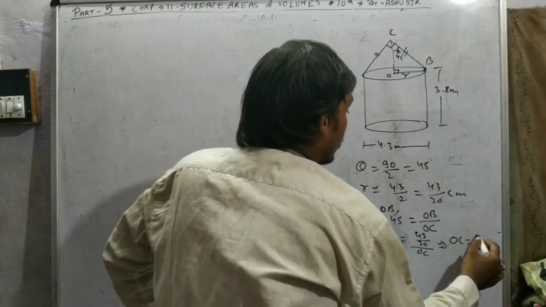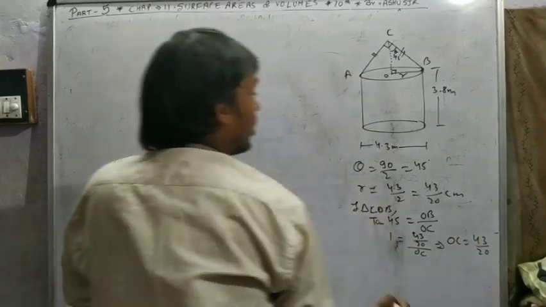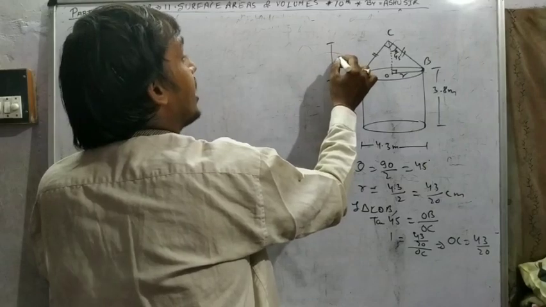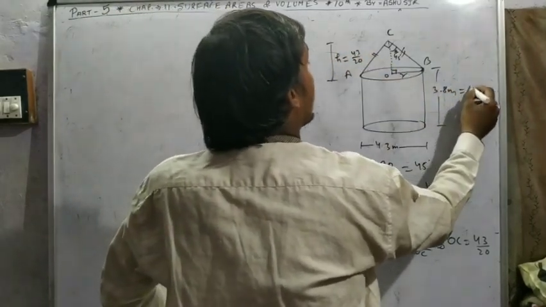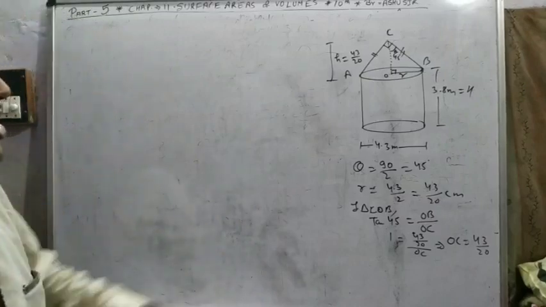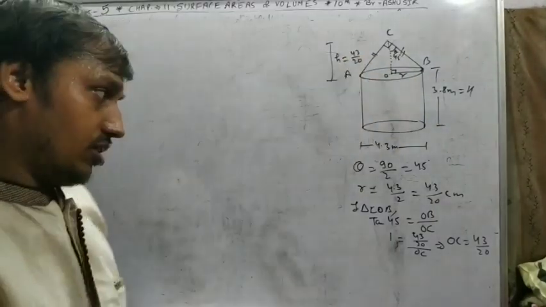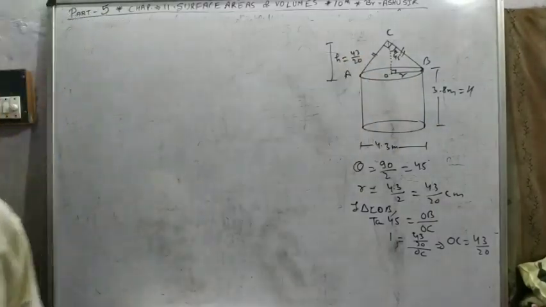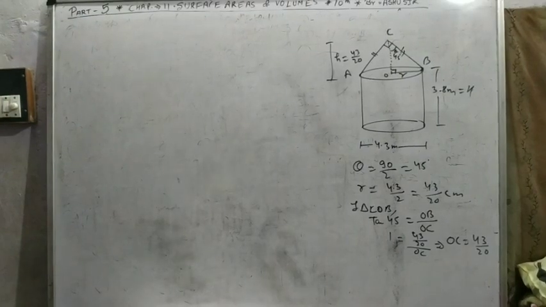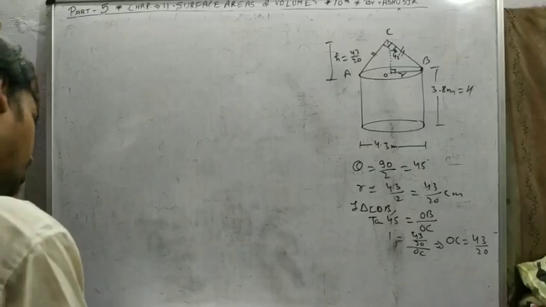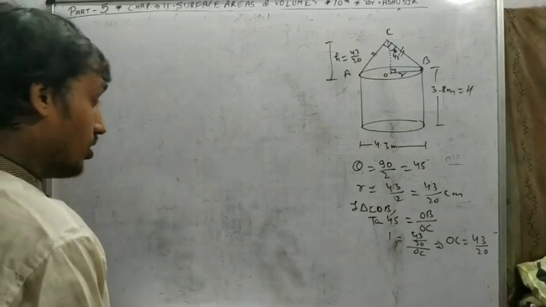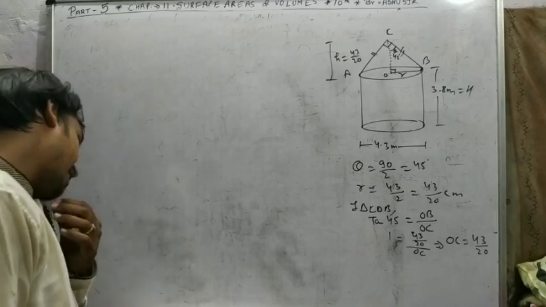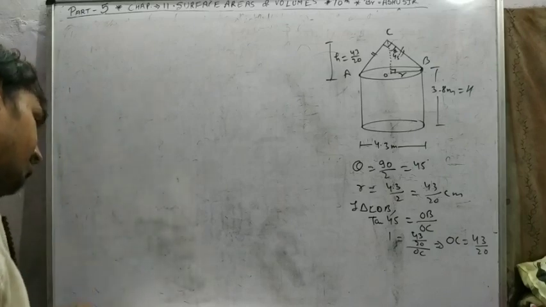So OC is also equal to 43 by 20, which is the height of the conical part. And this is the height of the cylindrical part. I hope you understand how to find the height of the cone. Then what does the question want? Find the surface area and the volume of the building.